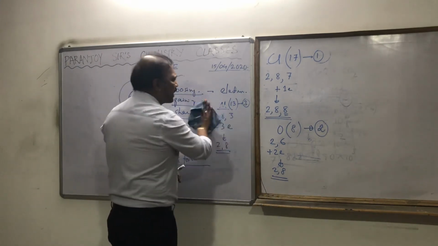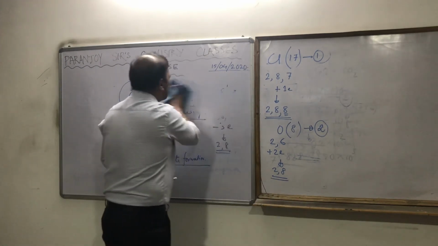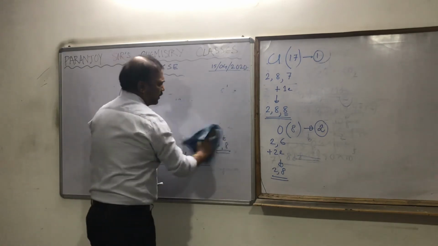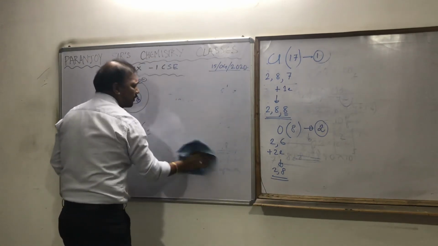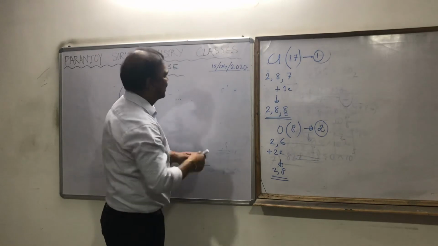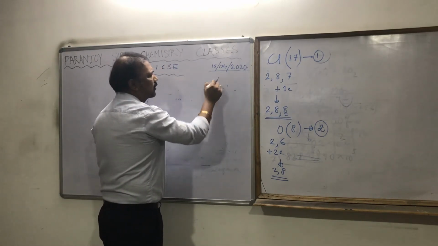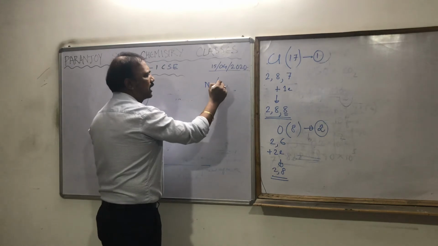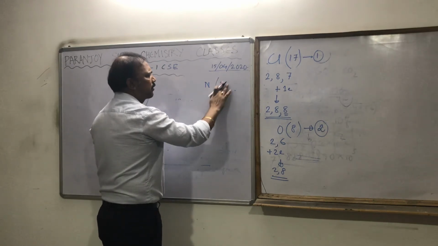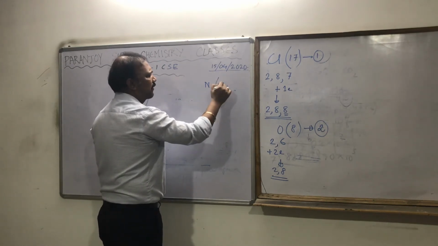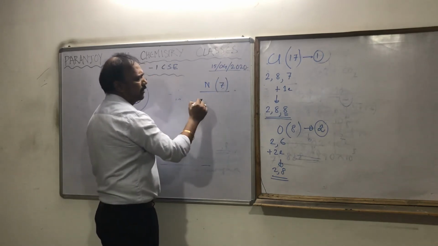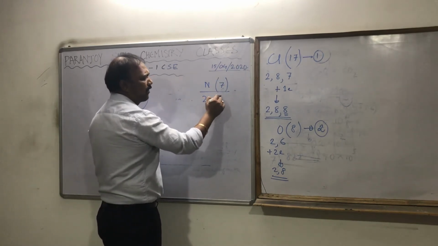Yes? Let us take another example. Okay? For example, suppose nitrogen. Nitrogen has got 7 electrons in its atom. So what is the electronic configuration of it? 2, 5.